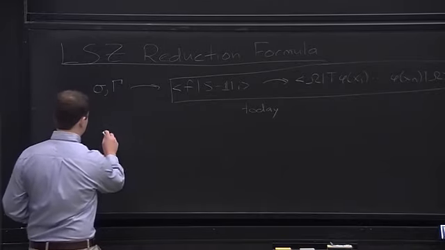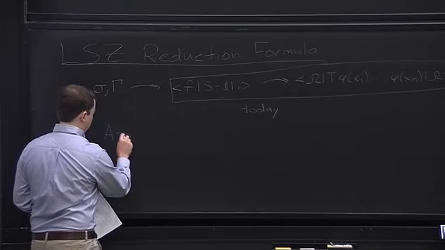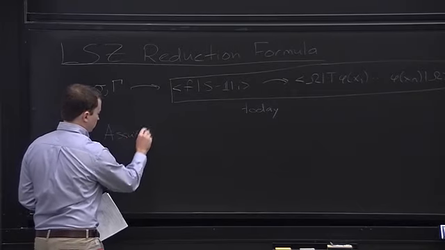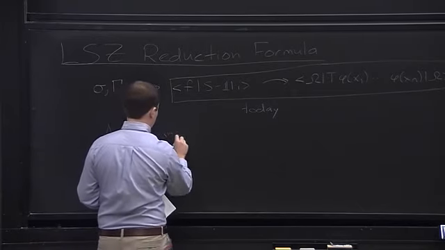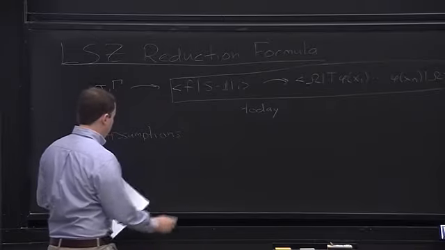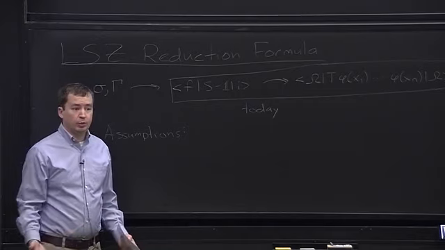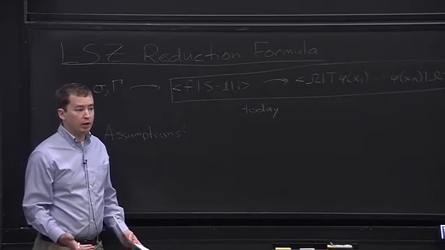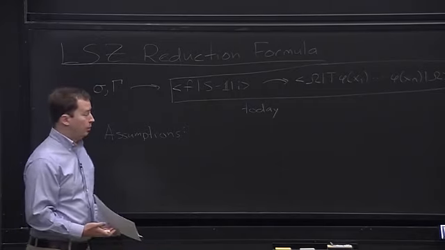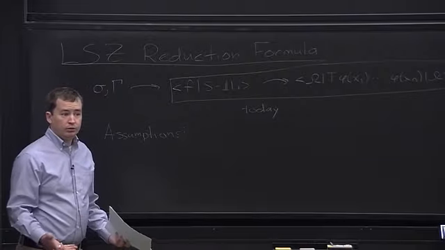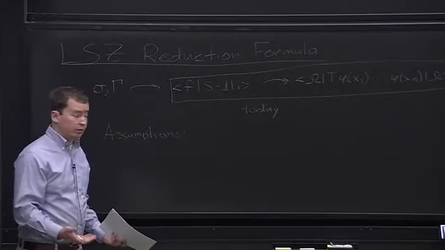So the assumptions we're going to make are first that our creation and annihilation operators work the same way in the interacting theory as they do in the free theory, apart from their time evolution.